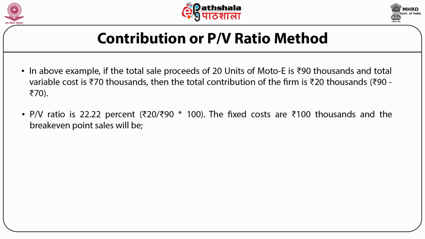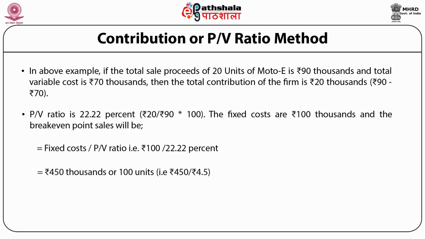The fixed cost is 100,000 rupees, and the break-even point sale will be equal to fixed cost divided by PV ratio, that means 1 lakh divided by 22%, that is equal to rupees 4,50,000. Or if we divide this by the selling price, we can convert it into units, then this is equal to 100 units. So these are the different methods that we can use to find out the break-even points.